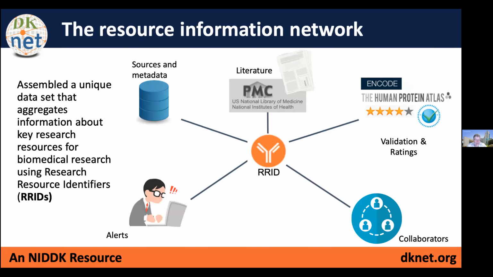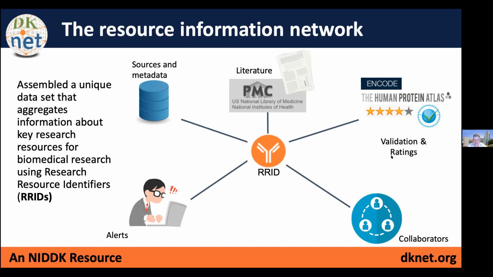Now, with these identifiers, we're able to pull in a lot of information about resources. We have the information that comes from the community authorities. We can tie this to the literature. We can also tie it to external data and information resources such as ENCODE, the Human Protein Atlas, and the International Stem Cell Consortium, and pull in additional information.